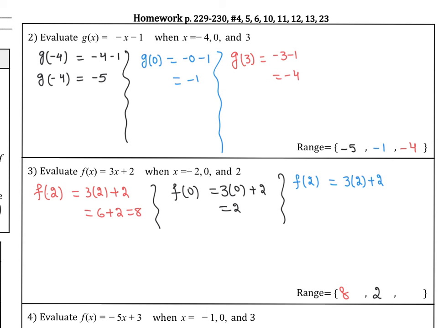We should put -2. So that's -6 + 2, and instead of 8, we should get the answer -4. For the range, the first one should be -4, then 2, and the last one is 8.